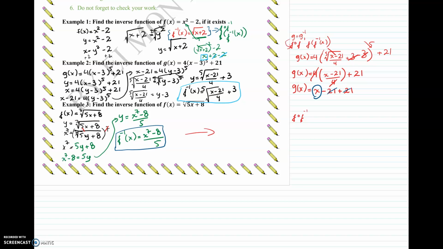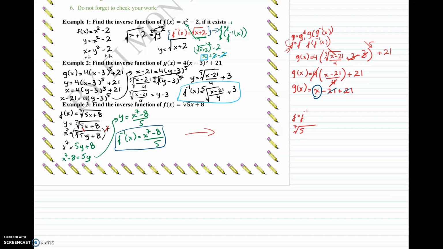I meant to say g of g inverse, g parentheses g inverse of x. So over here, you do that. I'm skipping this step and just moving on.